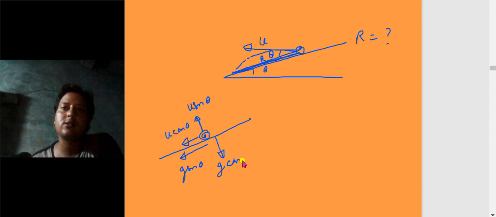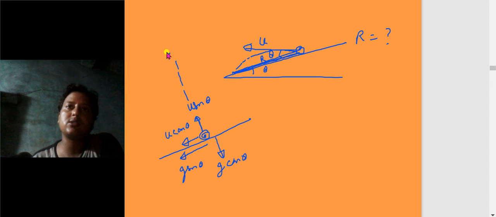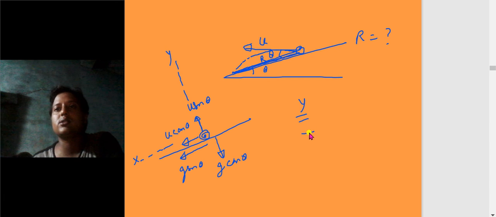We break the components of velocity and acceleration. So the velocity components are u cos theta, u sin theta. Here acceleration is g sin theta, and here acceleration is g cos theta. Suppose this axis is y and this axis is our x axis. So along the y axis, time of flight is 2uy over gy, that equals 2u sin theta over g cos theta.